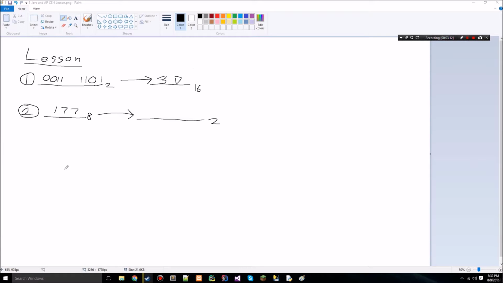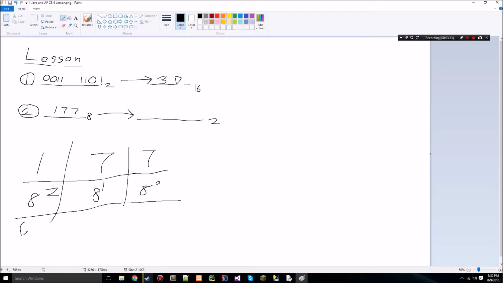Let's take a look at the next example. So we have, let's make a chart again. So 177. So 8 to the 0, 8 to the first, and 8 squared. And then if we evaluate those, that gives us 64, 8 and 1.